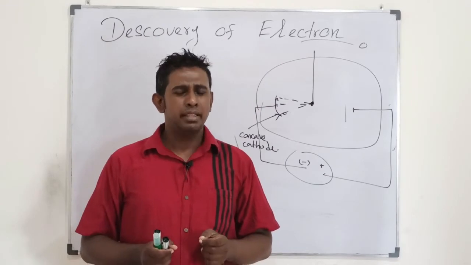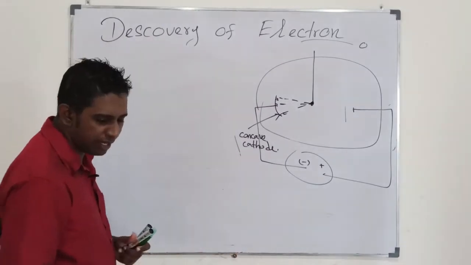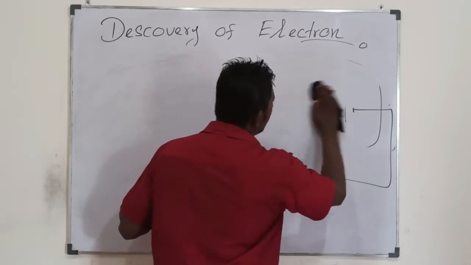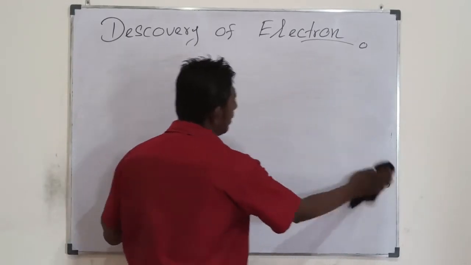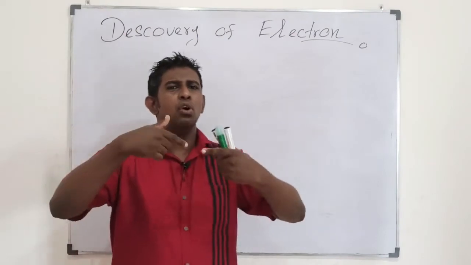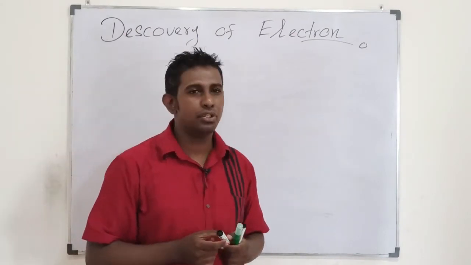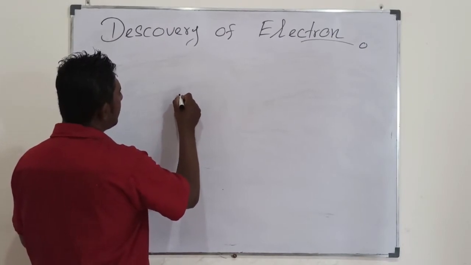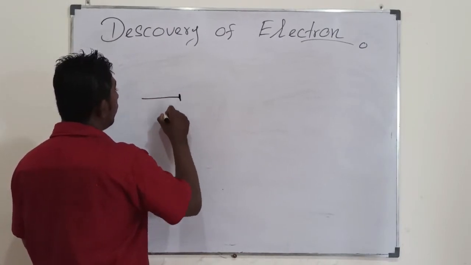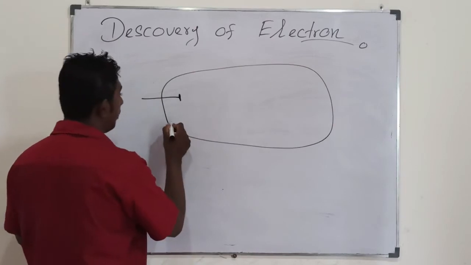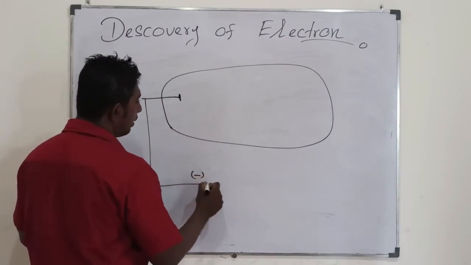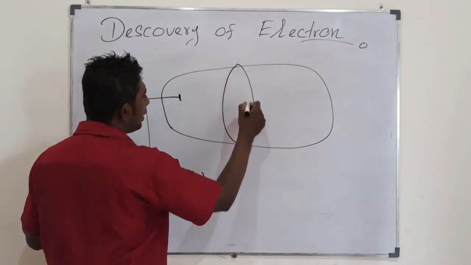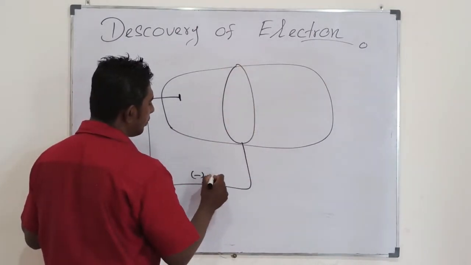Okay. Then students, further, he checked something like he wanted to check the e over m, charge over mass ratio. He designed something like this. He placed a cathode there inside a cathode tube. It is the cathode, and this time a metal sheet was kept as the anode.